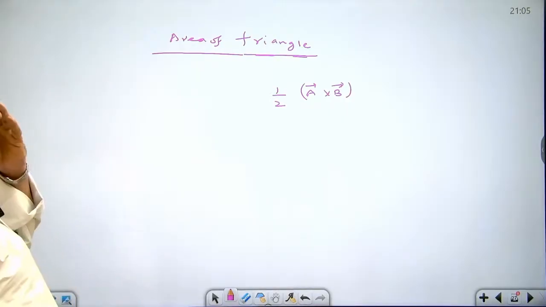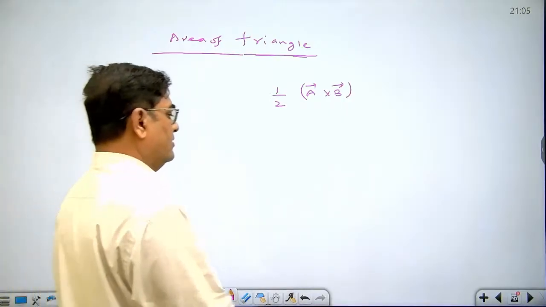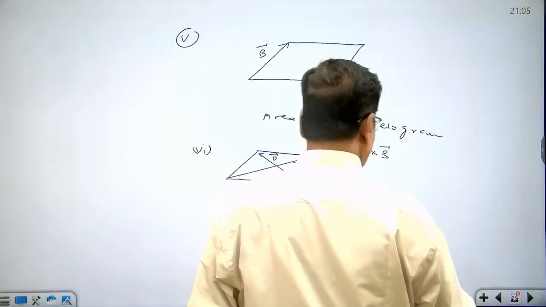In that way we can find the area of a triangle. So this is result number 7.